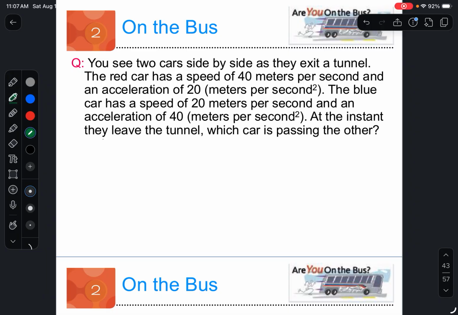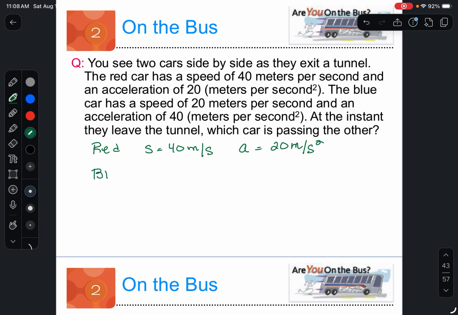So our red car has a speed of 40 meters per second, and it has an acceleration of 20 meters per second squared.